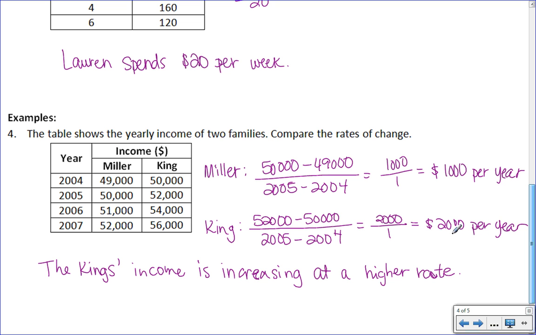Because their income is increasing at a rate of $2,000 per year, and the Miller family's income is only increasing at a rate of $1,000 per year, the King's income is increasing at a higher rate.